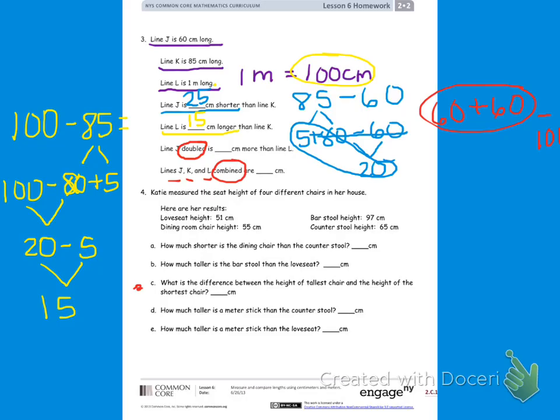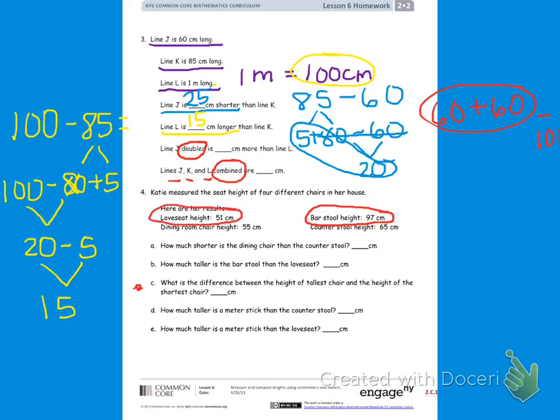So what we're going to have to do is refer to our chart up above and find the height of the tallest chair and the height of the shortest chair. We can see when we compare numbers, we have 51 centimeters, 55 centimeters, 97 centimeters, and 65 centimeters. I can tell that 97 centimeters is the tallest chair, and 51 centimeters is the shortest chair.